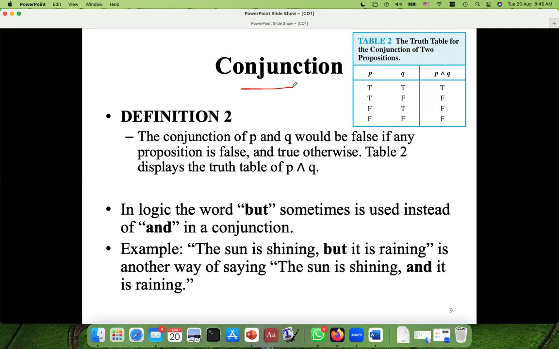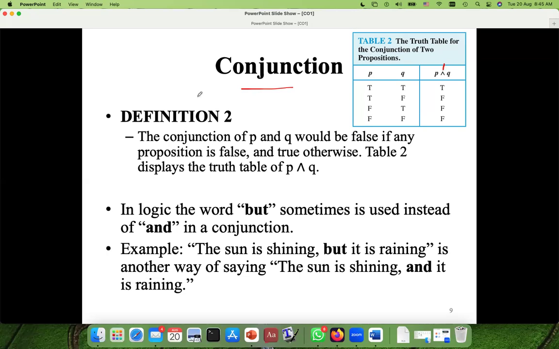And in English, we can join two sentences or two small units by using the word and. So that has the same concept here. But here, what symbol do we have? Here, the symbol that we have for conjunction is this hat symbol. We call it hat, or we call it and.